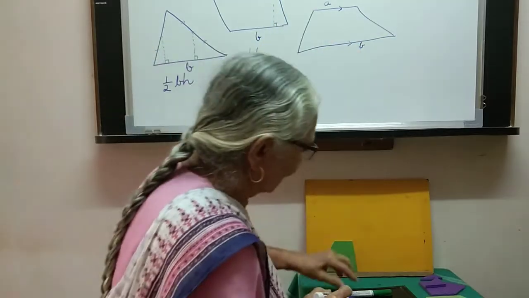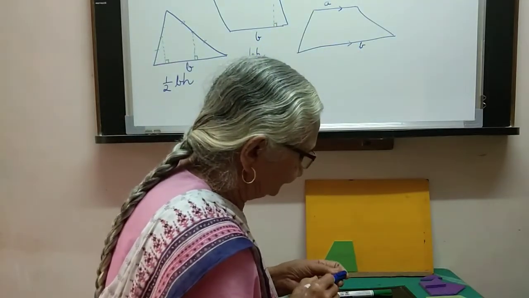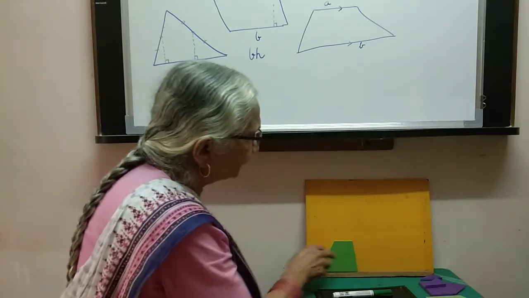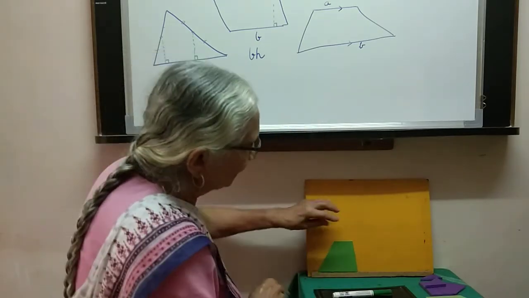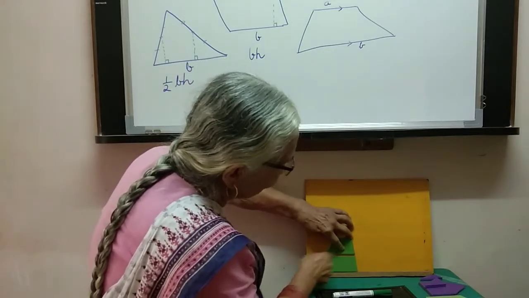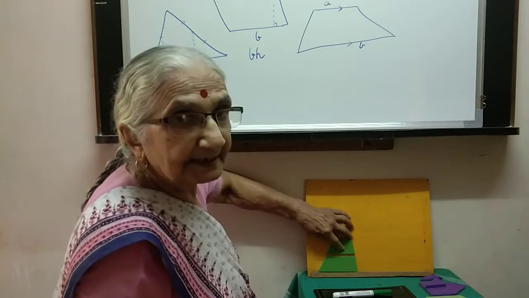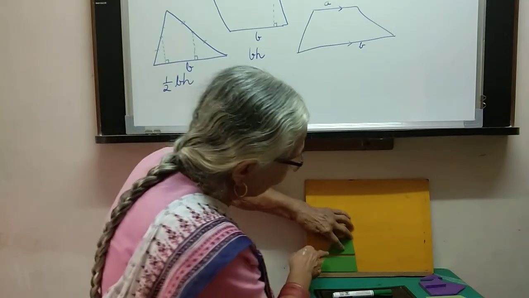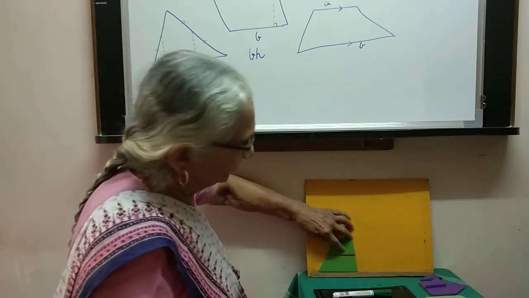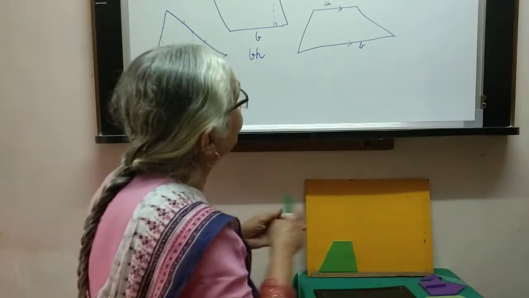What we are going to do now is this. I am not going to draw it. Here is the trapezium. What we have done is, to prepare our model, we have taken the two slanting sides and taken their midpoints and cut along the line segment joining the two midpoints. So we do that here.